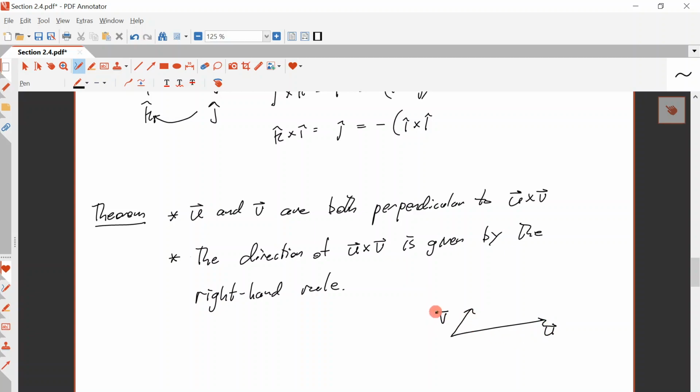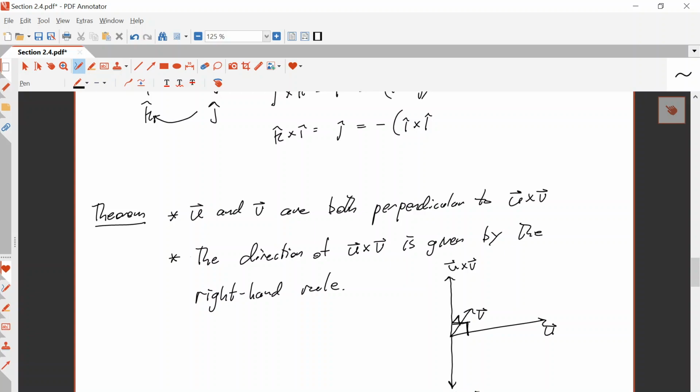Here's U and here's V. Here's a vector that's perpendicular to both V and U. There's only two choices of direction, this way and downward. So this one is U cross V, and I'll tell you why. And then this one is V cross U. It's the negation of U cross V.